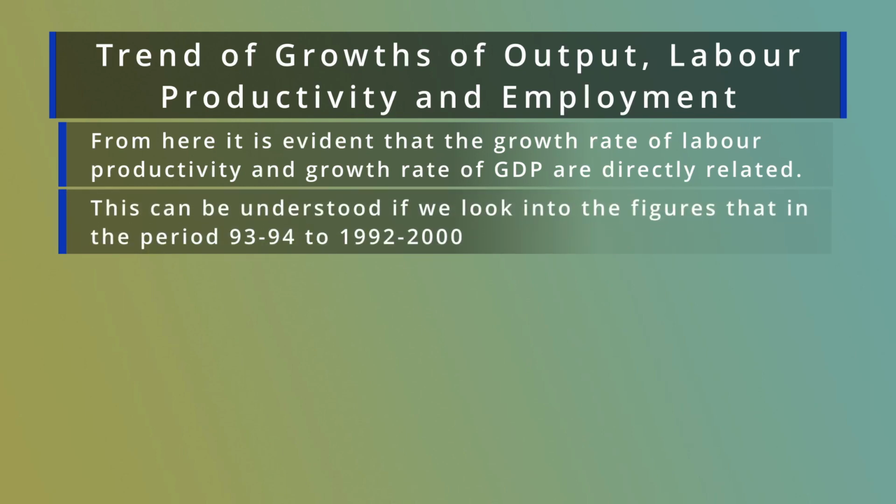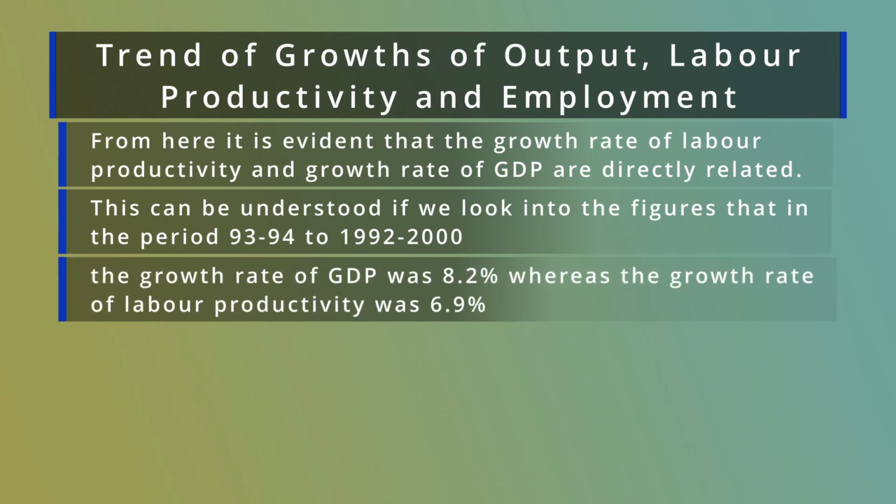This can be understood if we look into the figures. In the period 93-94 to 99-2000, the growth rate of GDP was 8.2%, whereas the growth rate of labor productivity was 6.9%.